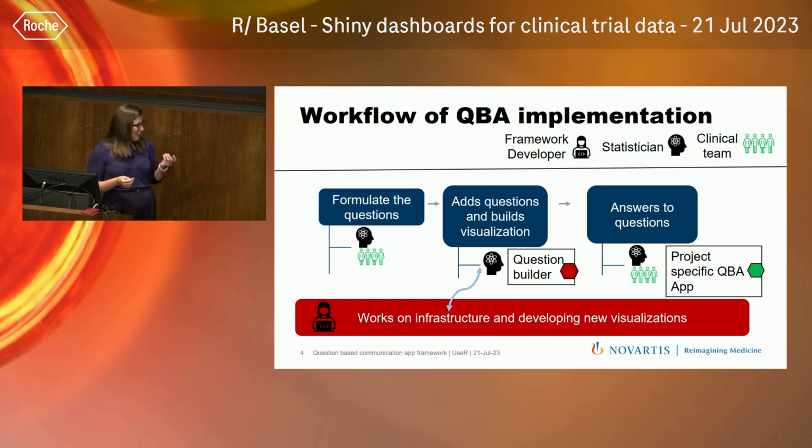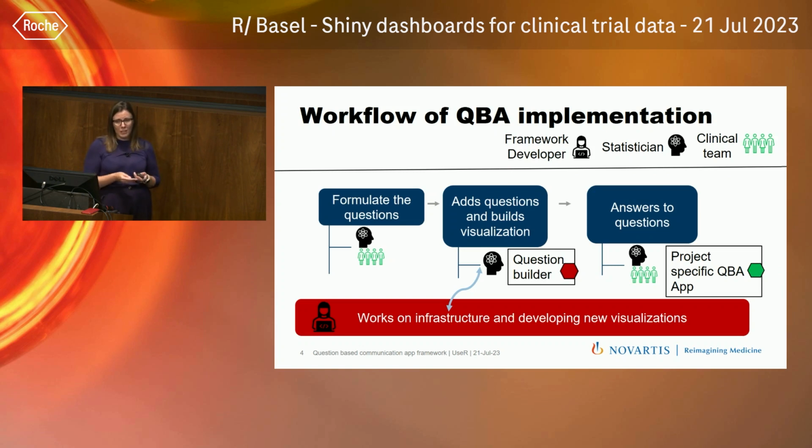So as Karin mentioned, everything starts with agreeing on the questions. That's the first step, and that happens between the statistician and the clinical team. And as a next step, once at least the initial questions are agreed with the team, the questions would be handed over to the statistician, and then the statistician would be identifying the relevant data to answer those questions, and also defining what would be the best way to visualize that.